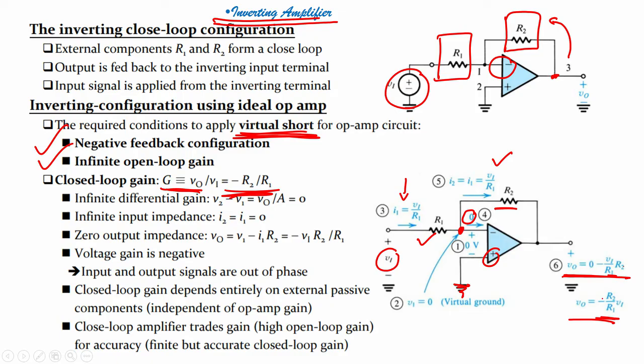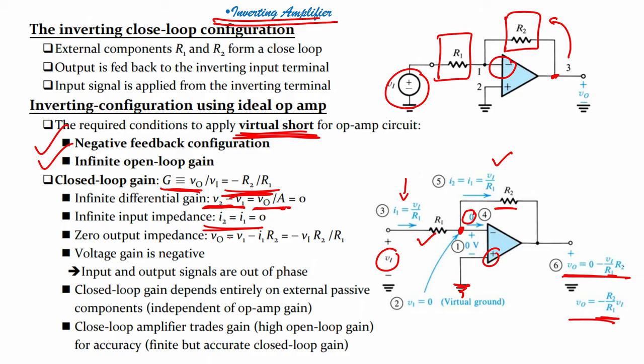Now, with infinite differential gain, V2 minus V1 is nothing but VO by A, which is 0. The differential voltage would be 0 because of infinite differential gain. We know that it has infinite input impedance, that means I1 equals I2 equals 0.